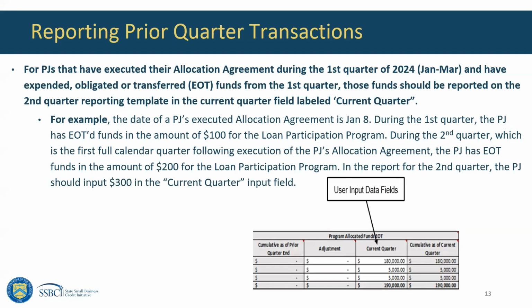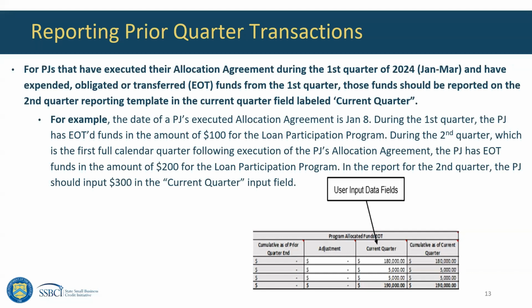For example, if a jurisdiction executes the allocation agreement in January, which is in Q1, and EOT'd funds of $100 for the LPP program, and during the second quarter, which is the first time the jurisdiction will be reporting, the jurisdiction EOT funds of $200, for the second quarter reporting, the jurisdiction should input $300 in the current quarter input field.